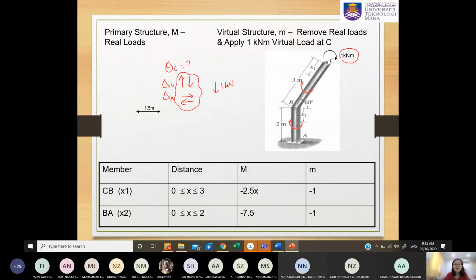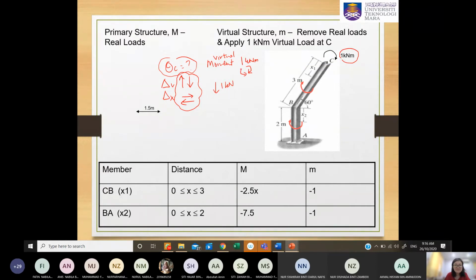But if you want to get the rotational displacement, we apply in terms of moment. We apply virtual moment, with 1 kilonewton meter, either clockwise or counterclockwise.